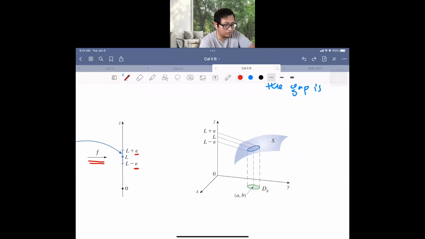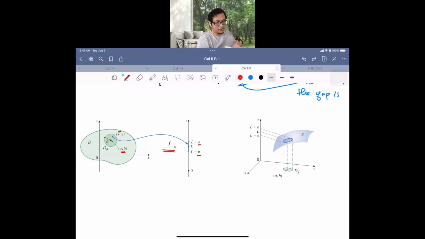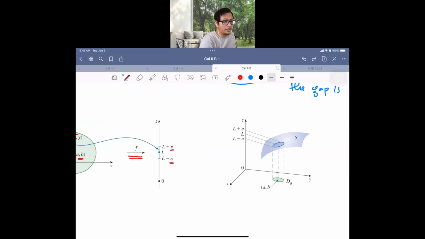It's a small domain, so the total domain may be here. We are just focusing on the small domain and taking some point, and we can simulate where the L and the epsilon are. This is just the precise definition, to show that we have those epsilon and delta that are really small.